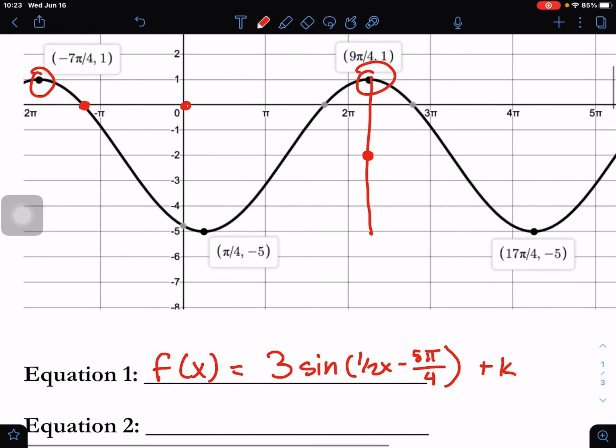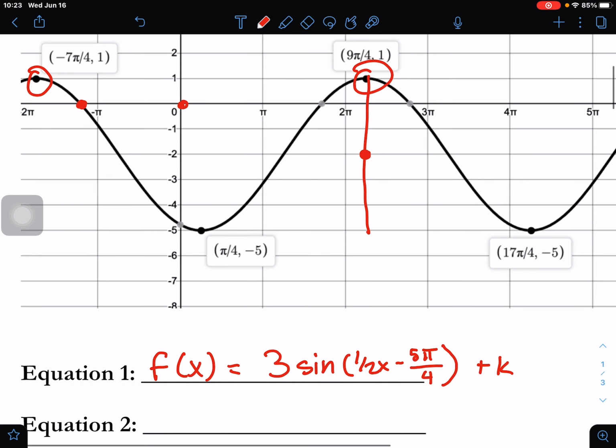No, because it would be like this. Or yeah, it would have looked something like this. So that means that this point right here would have been right here.